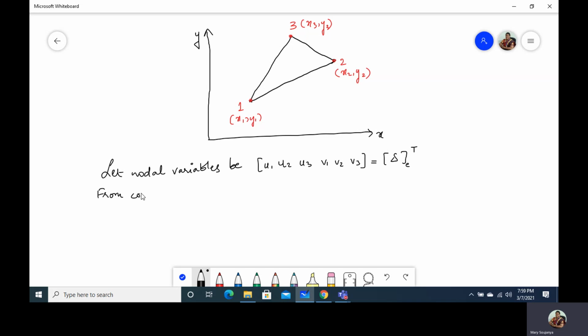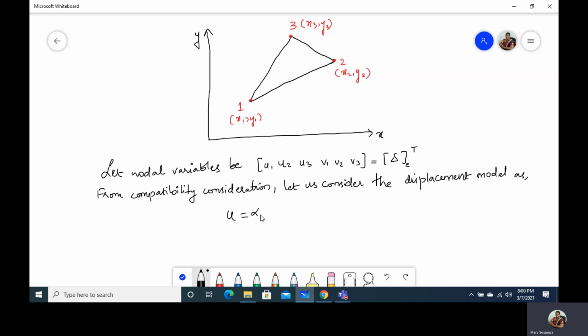So based on that compatibility consideration, let us consider the displacement model as u is equal to alpha 1 plus alpha 2x plus alpha 3y and v is equal to alpha 4 plus alpha 5x plus alpha 6y.